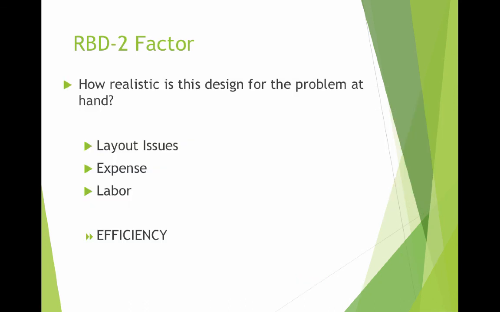Again, with a randomized block design with two factors, we have to ask ourselves, how realistic is this design for the problem at hand? Some things to take into consideration are, how is the project going to be laid out? What kind of expense is associated not only with the materials needed, but also with the labor it's going to take to maintain the plots or the fields? You also have to take into consideration efficiency.